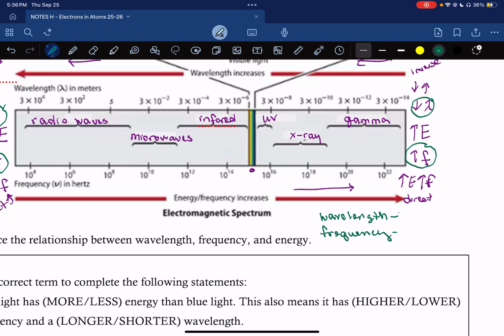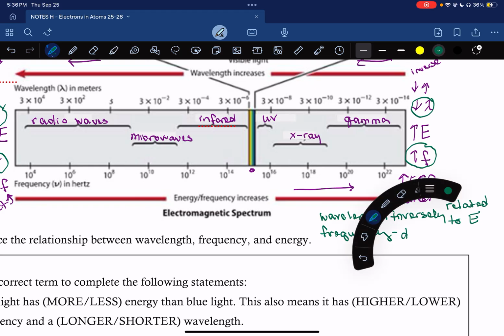All right, so wavelength. Let's say wavelength is inversely related, I did not leave myself a lot of room, to energy.